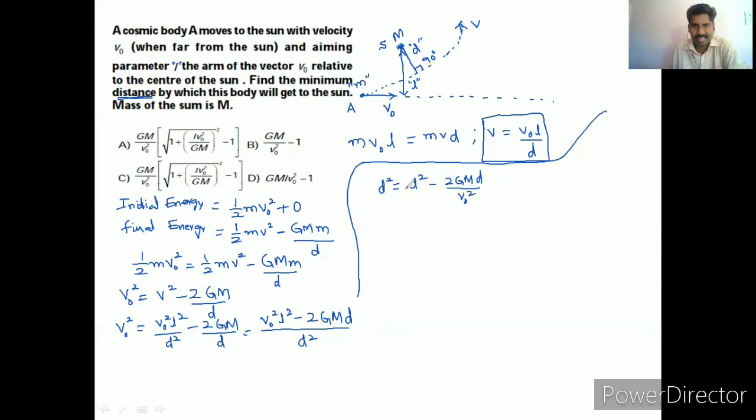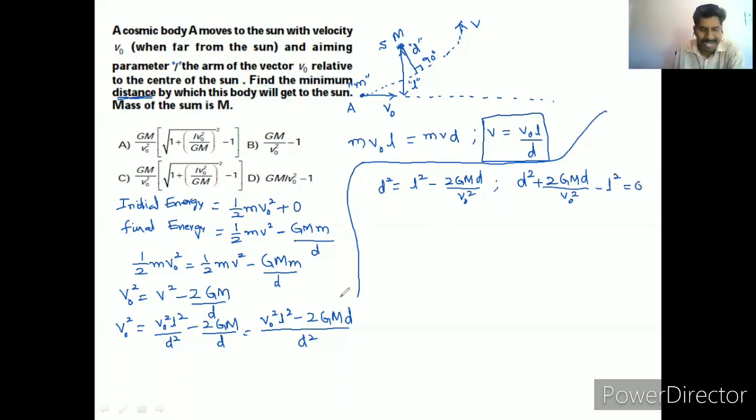This v naught square and this v naught square will cancel. So we can write d square plus 2GM d by v naught square minus L square is equal to 0.